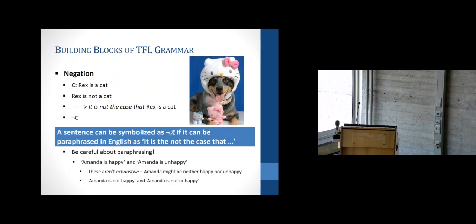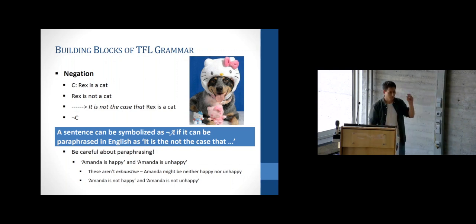So the negation of Amanda is happy is better to, again, say it's not the case that Amanda is happy. Okay? Instead of including the negation in the word. So this is the way to make it the most clear.